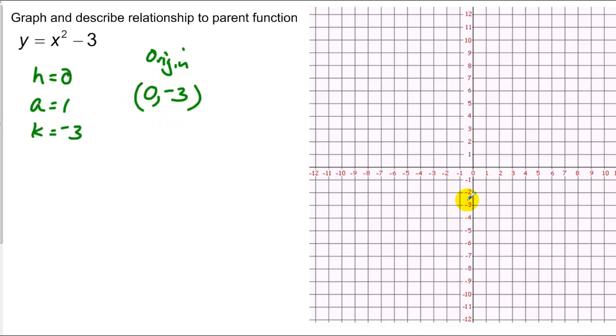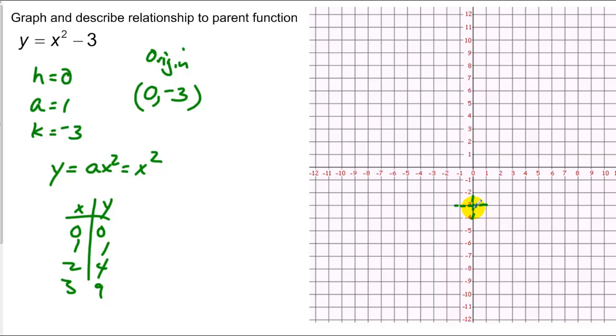So I'm going to go to 0 and negative 3 and put a little new axis down there. And from that, I'm going to look at y equals ax squared, and in this case that's just 1x squared, and graph the parent function from that new origin point.